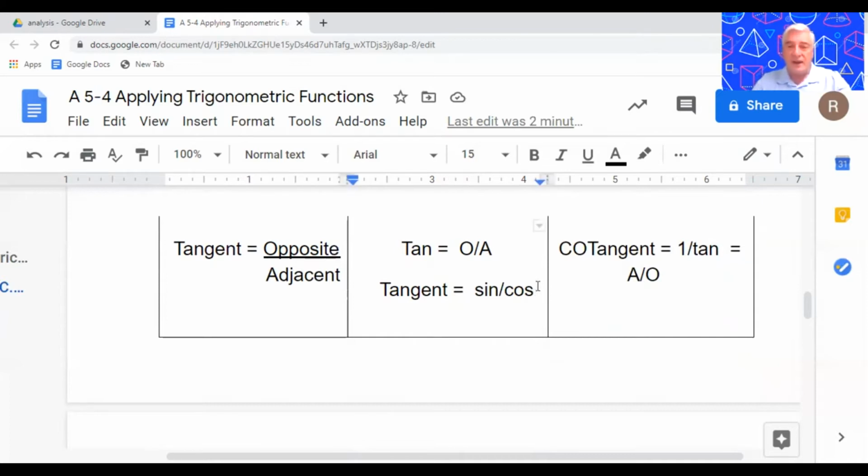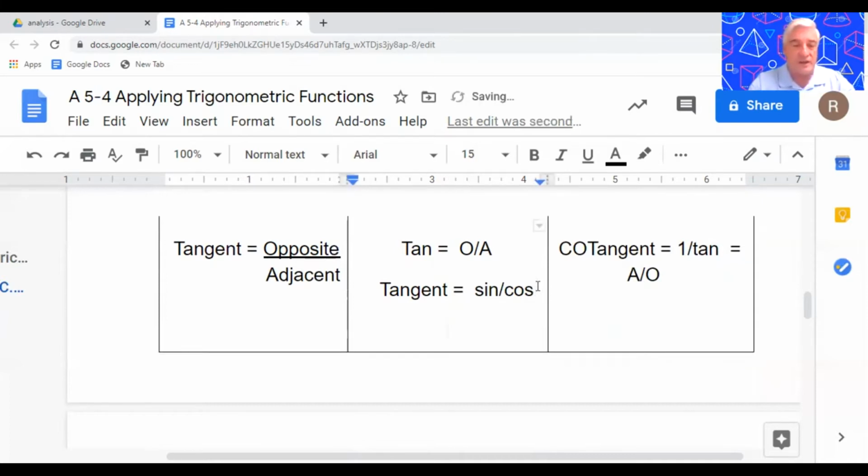Now, for those of you who doubt that it's sine over cosine, what is sine? Sine is O over H, right?